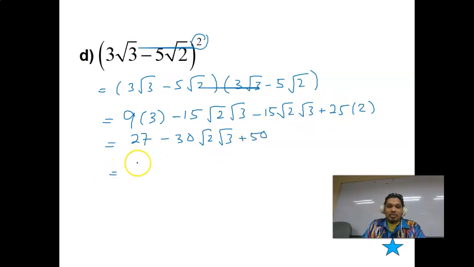So 50 plus 27, 57, minus 30 square root of 2 square root of 3. Okay, class, I think I made a simple mistake here. 50 plus 27 is supposed to be 77. Okay, I'm sorry for that.